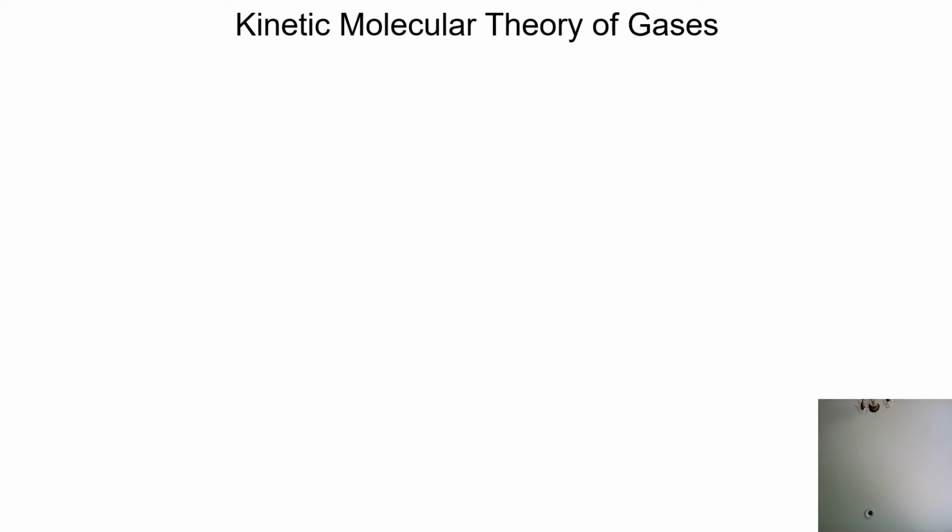So Ludwig Boltzmann and James Maxwell proposed the kinetic molecular theory to explain the observed physical properties of gases in terms of molecular motion, which we know is a form of energy called kinetic energy.